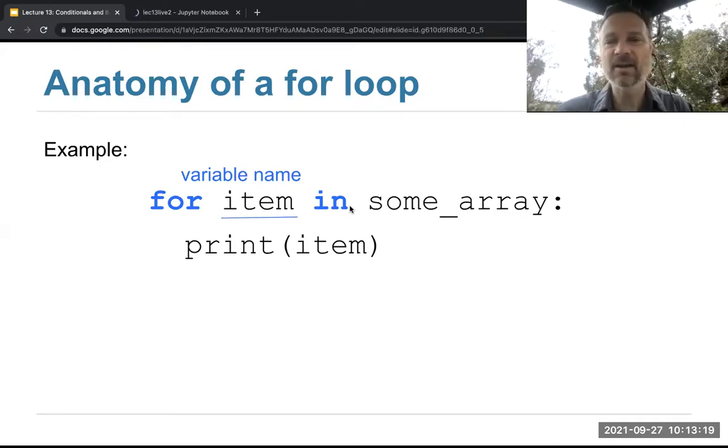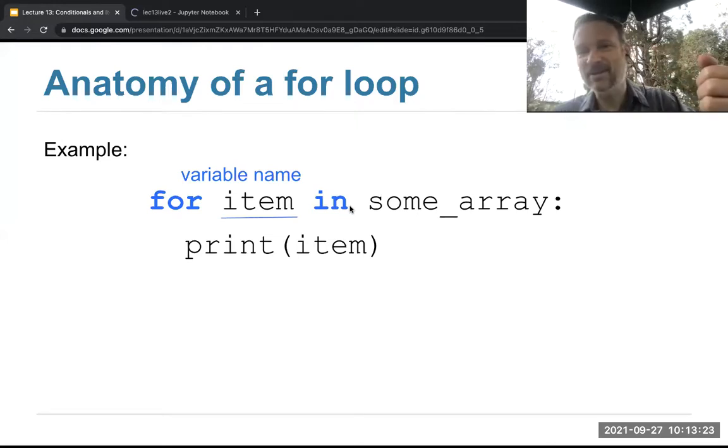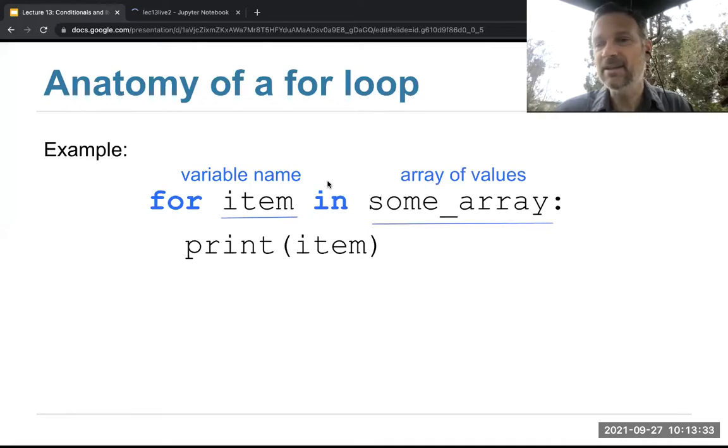Python will repeatedly make an assignment to that name of the next thing in the array, and then execute the body of the for loop. The part after the in is the array that we're iterating over. We're going to do something once for each element of that array.